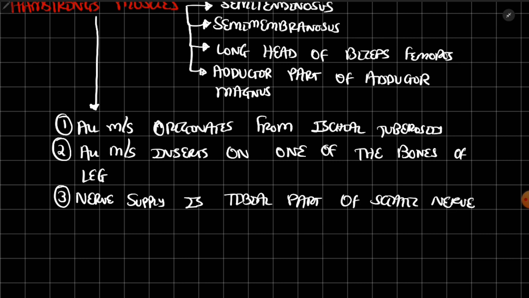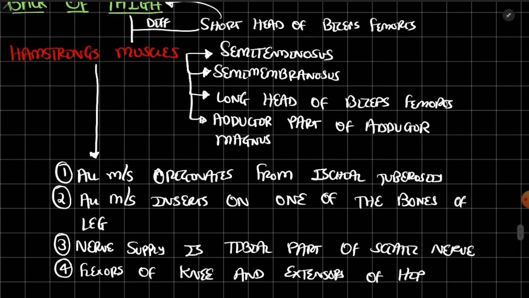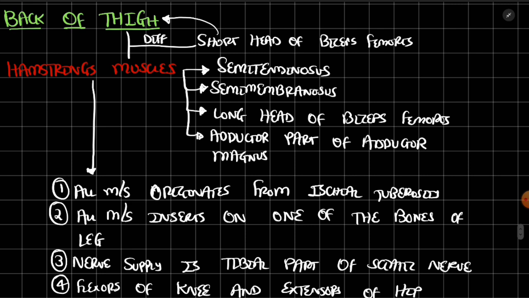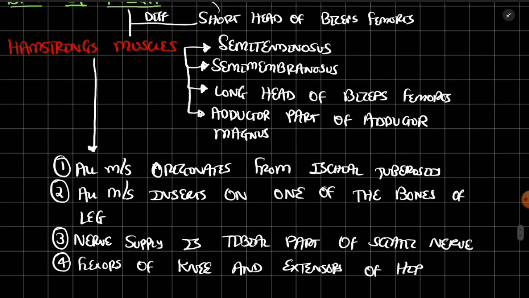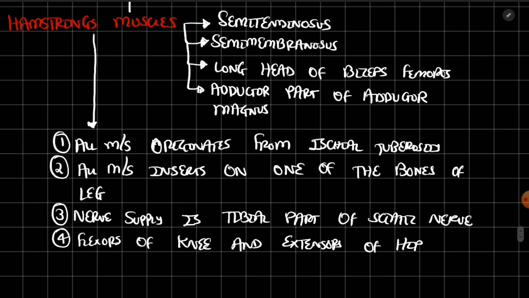Okay, then they are flexors of the knee and extensors of the hip. Okay, so these are the four characteristics of hamstring muscles. The short head of biceps femoris lacks these characteristics and therefore it comes under the back of thigh and not under the hamstring muscles. Basically, it doesn't originate from the ischial tuberosity. That's the difference.